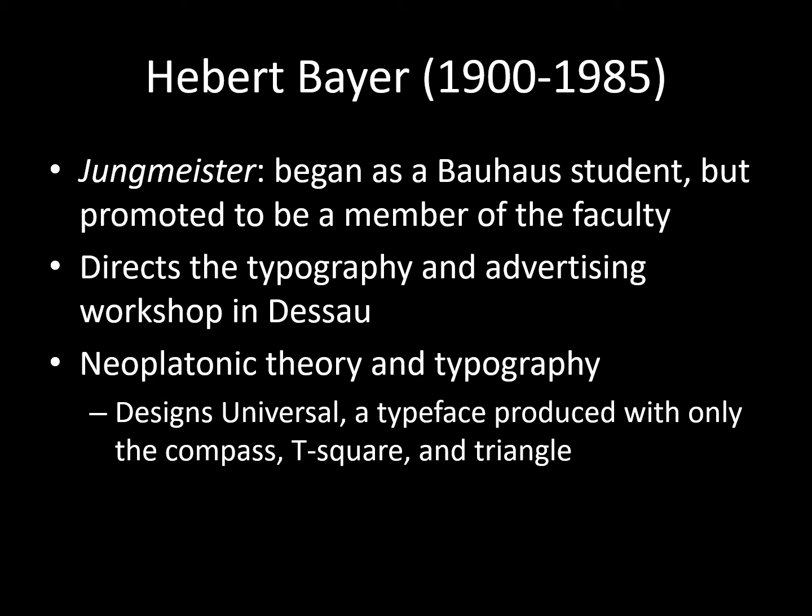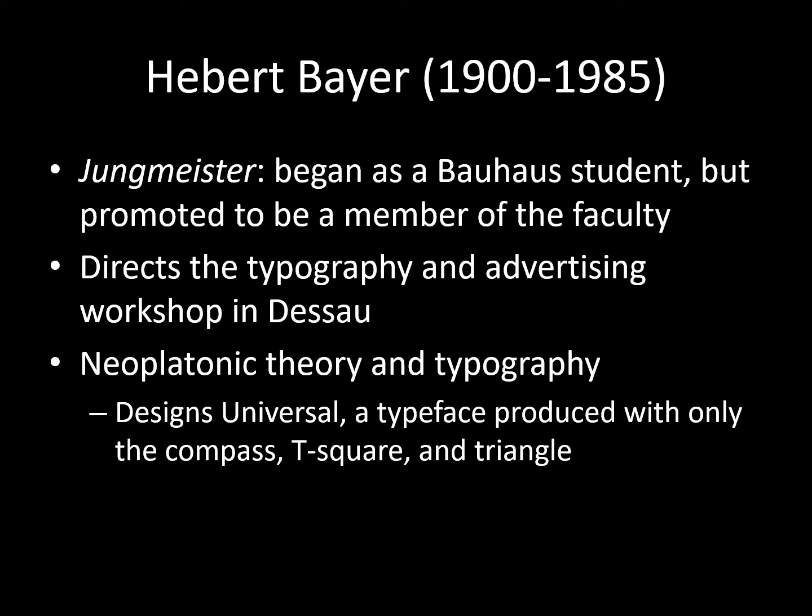To really talk about typography at the Bauhaus, we have to talk about Herbert Bayer. Herbert Bayer was what was called a Jungmeister. He began as a student at the Bauhaus, but then was promoted to be a member of the faculty. And so he's in his mid-20s, and he is directing a new typography and advertising workshop in Dessau.